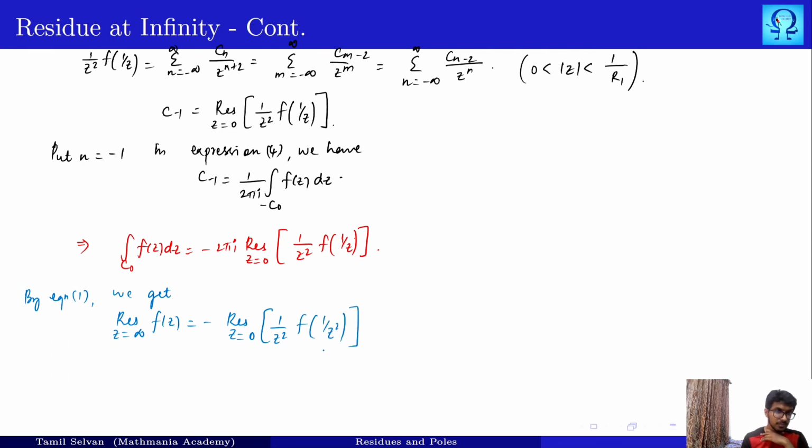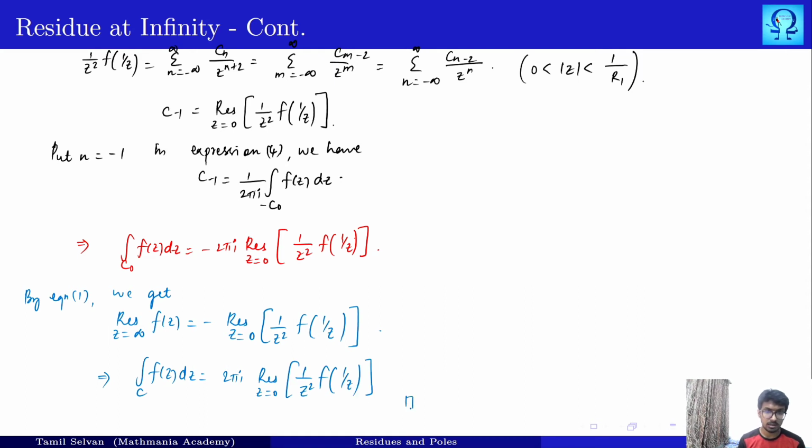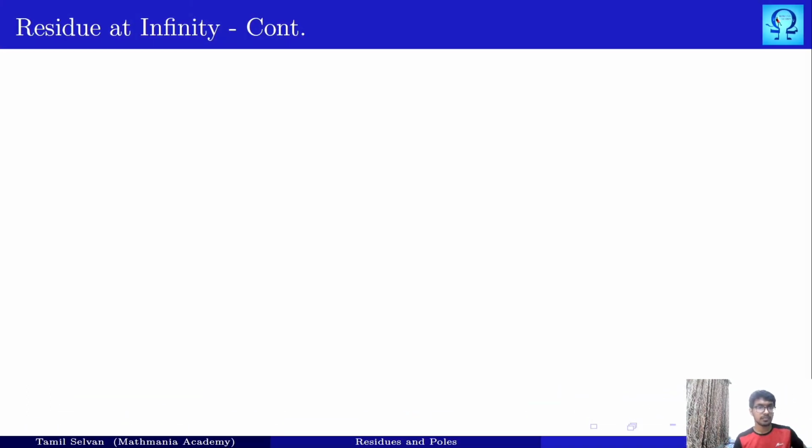So we have now done, right? So the integral over c of f of z dz is 2 pi i times the residue at z equals 0 of 1 upon z squared f of 1 upon z. This completes the proof. Okay, now we will see some examples.